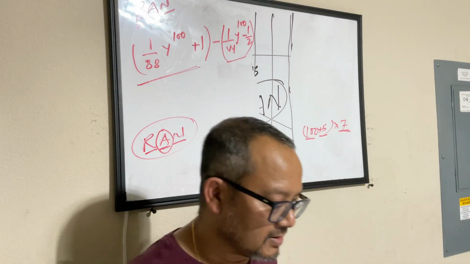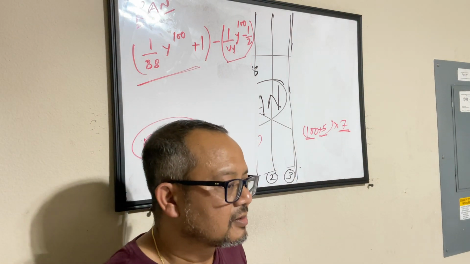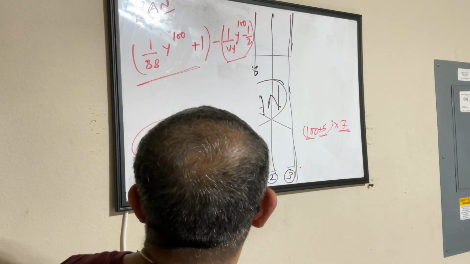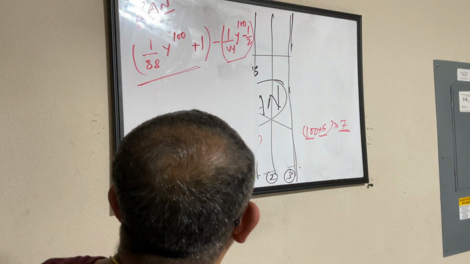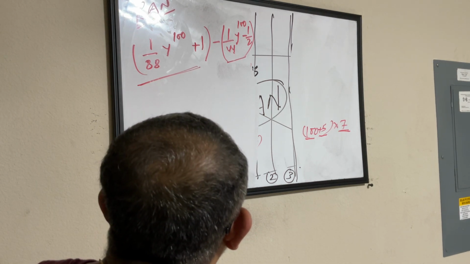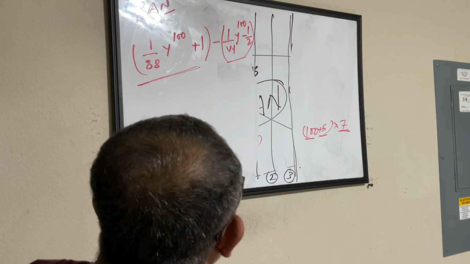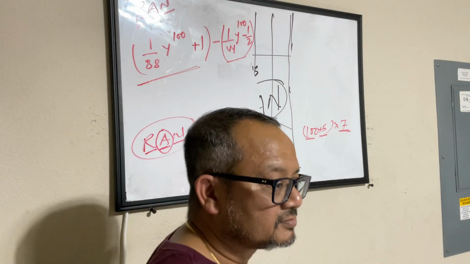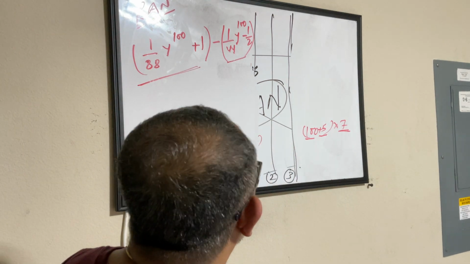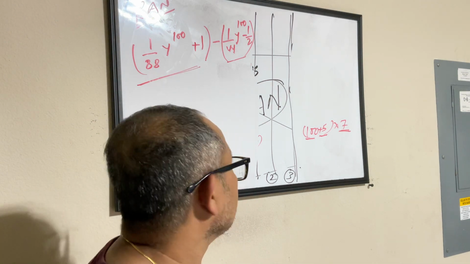Sir, here it says that, so what I did was 1/88 y raised to the power of 100 and 1/44 y raised to the power of 100. They are both the same power, which means they can both be taken together. So my process was 1/88 minus 1/44, because there is a minus sign before the parentheses, so it will also be minus.